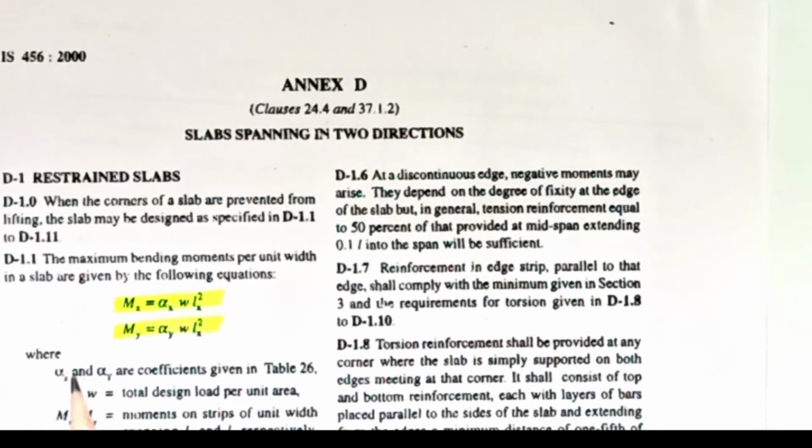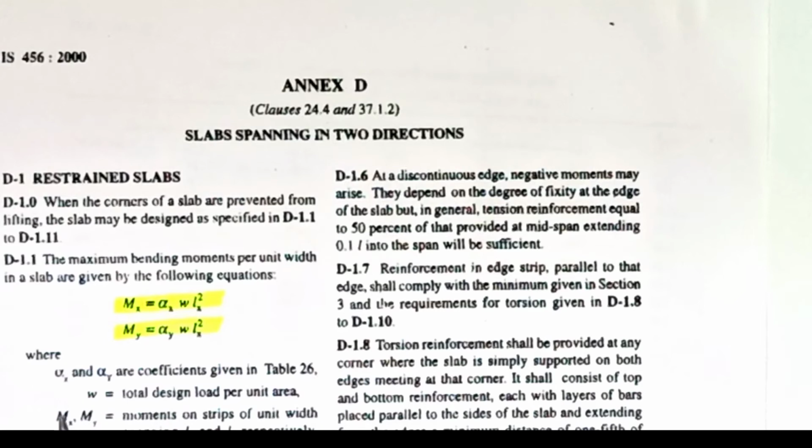Now you can see this, Mx is equal to alpha x into w into lx square, and My is equal to alpha y into w into lx square, where alpha x and alpha y are coefficients given in table 26.